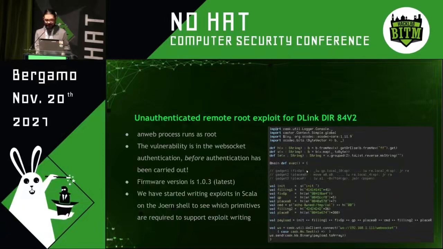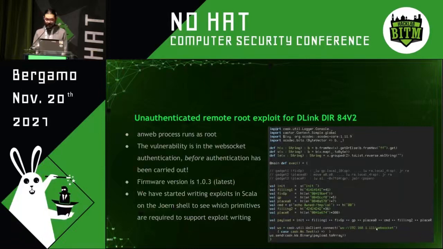Fix the GP, make sure that A0 points to somewhere that we control, and then call popen, right? You can see here I'm passing in a shell command, which is just echo the string owned into tmp-lal. That's what we used as a proof of concept to show that we can actually write an arbitrary file on the device as root. And then we send that over via WebSocket, and that's that.